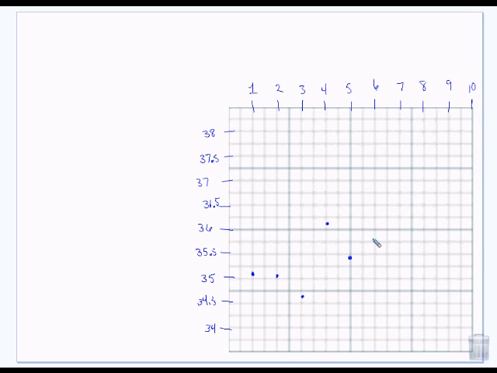Then back up, back down, then up, halfway between 35.50 and 36, and then 37 something, and then 36 something.